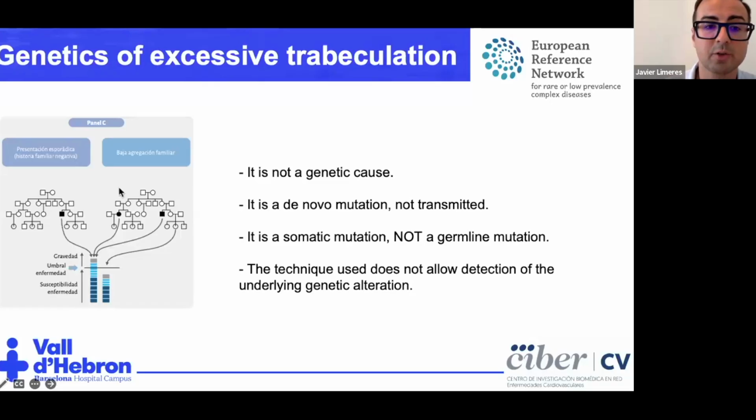Or, for example, because you are using a technique to detect the genetic cause that is not the technique you must use to find the genetic traits of this patient.